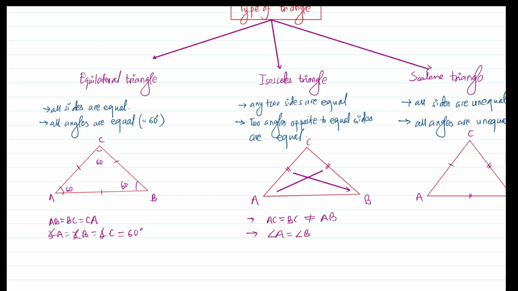They are not equal to each other. That means AB not equal to BC not equal to CA, and angle A is not equal to angle B is not equal to angle C.